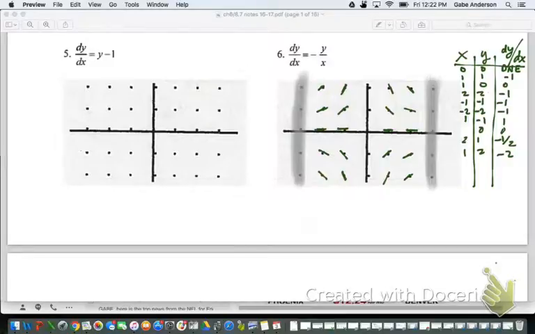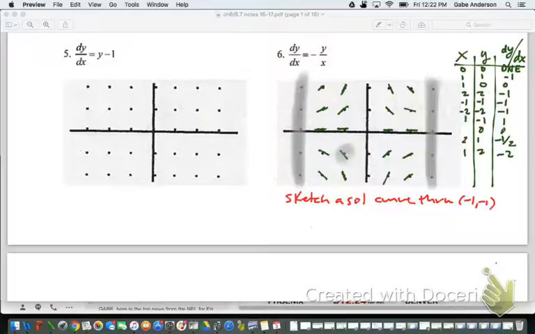Let's say sketch a solution curve through -1, -1. So, of course, that's right here.